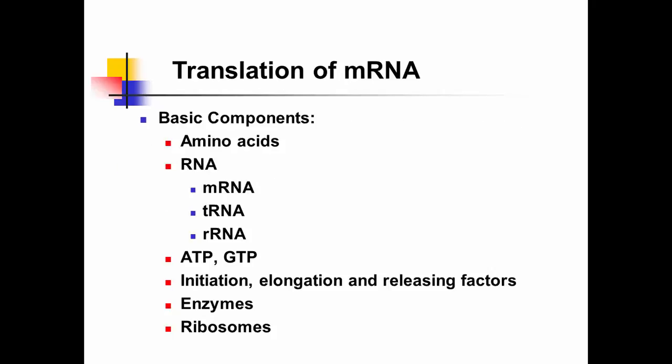This is just more information about the basic components for the translation of messenger RNA. Again, we need amino acids as the building blocks, and three types of RNAs, and ATP and GTP for providing energy for translation.